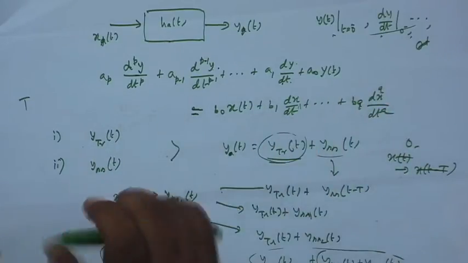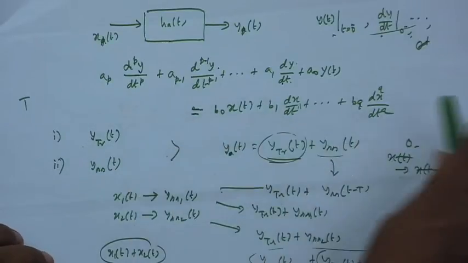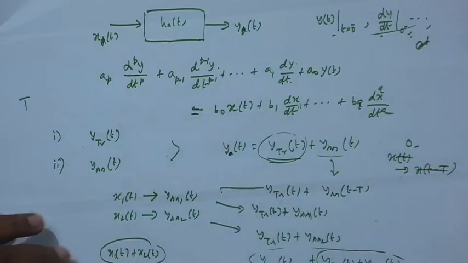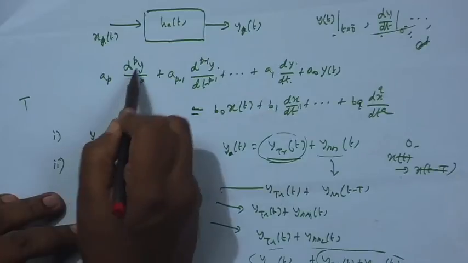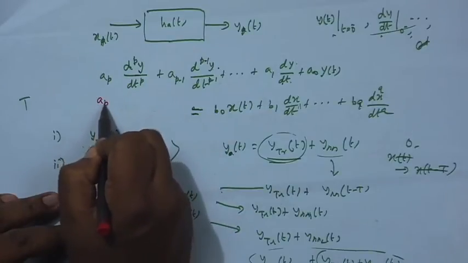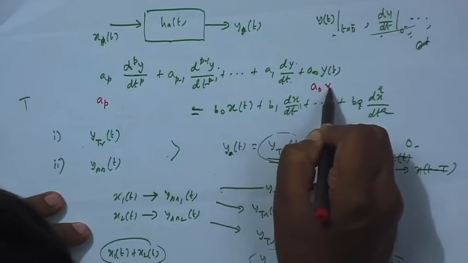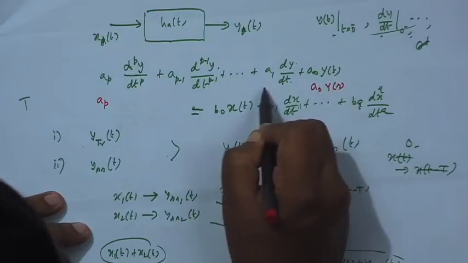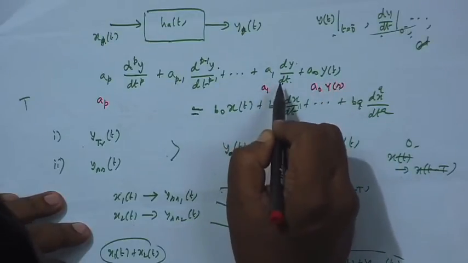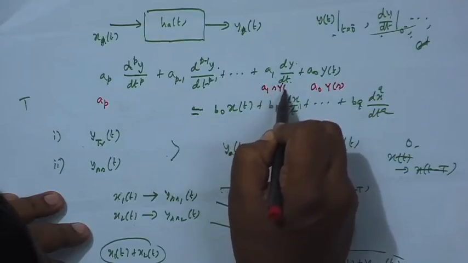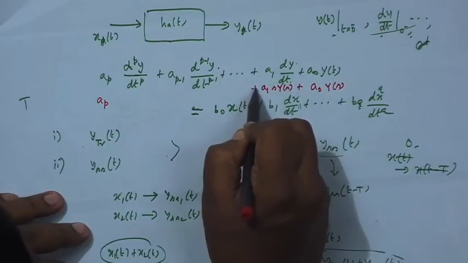Under this case, if I apply the Laplace transform on the left hand side and right hand side, what will we have? Here it will be A0 Y(s), here it will be A1 sY(s), and so on.